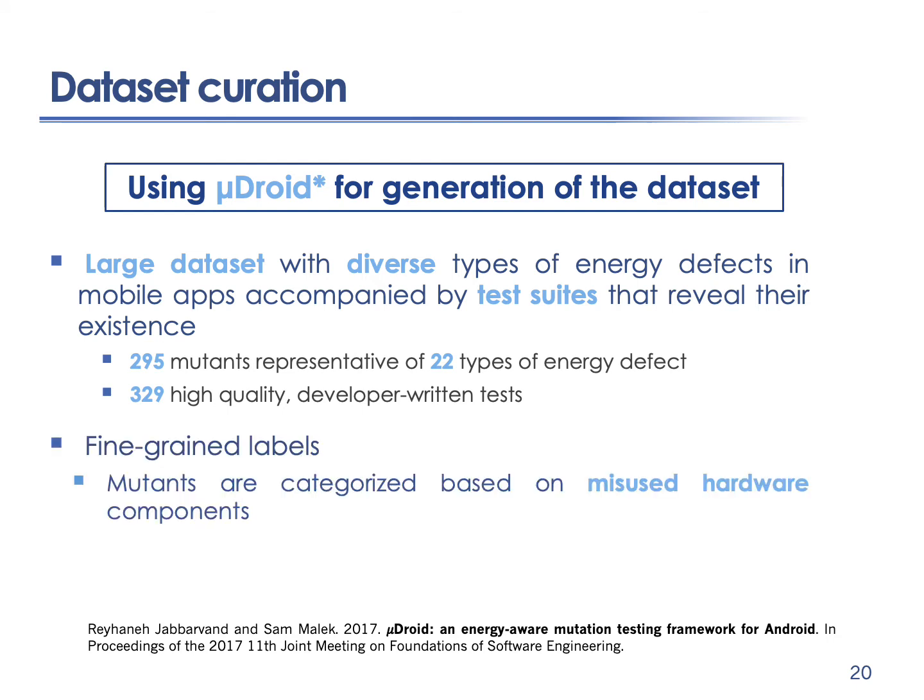Also, it categorizes the mutants based on the hardware elements that they misuse, which enabled us to generate fine-grained labels using this dataset. Specifically, instead of just having the pass and fail labels, ACETON is able to generate 7 labels, where the fail labels represent the type of failure and can be further helpful for debugging purposes.